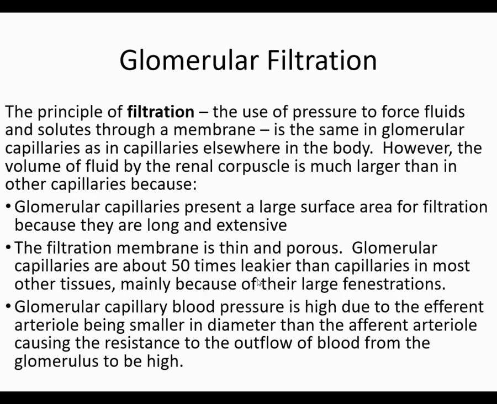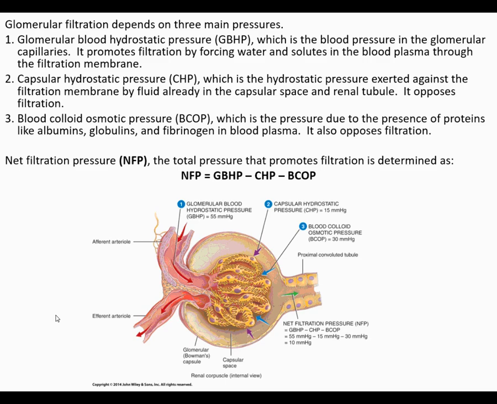So the filtration membrane is very thin and porous. And then the blood pressure in those capillaries is very high because of the differences in size between the afferent and the efferent arterioles. That's what we can show here on the next slide.